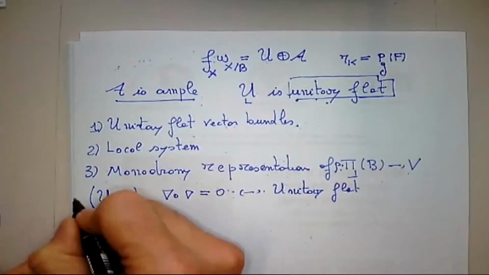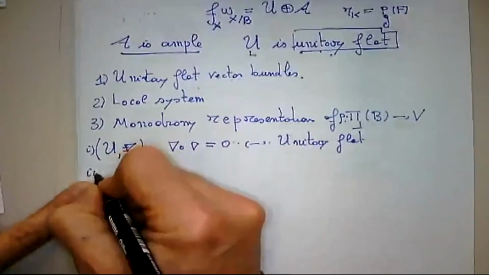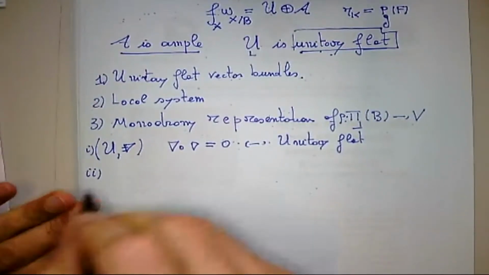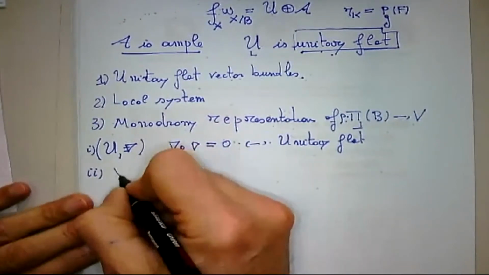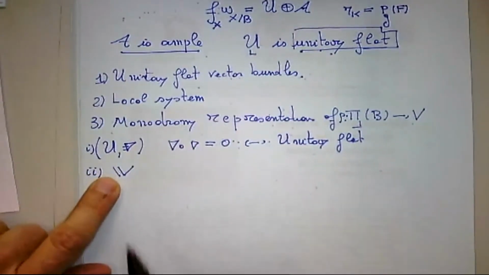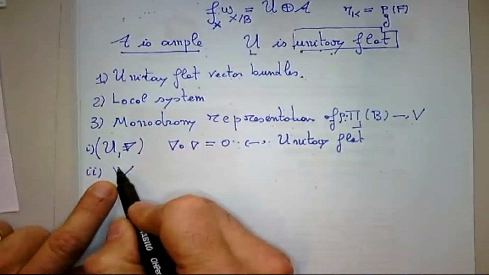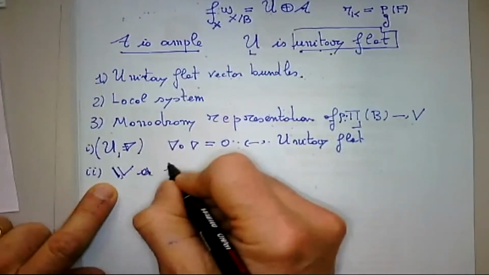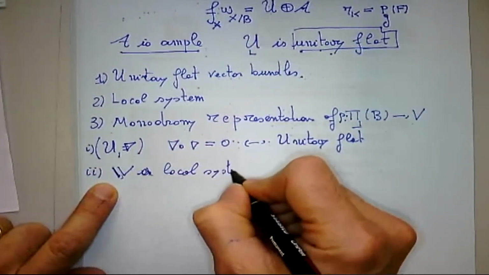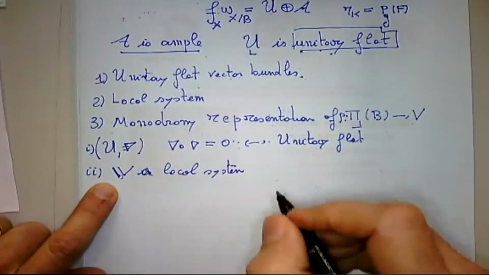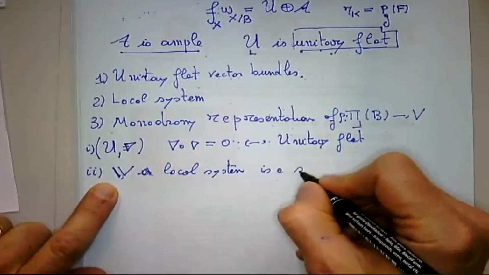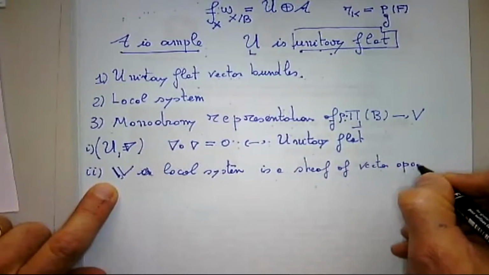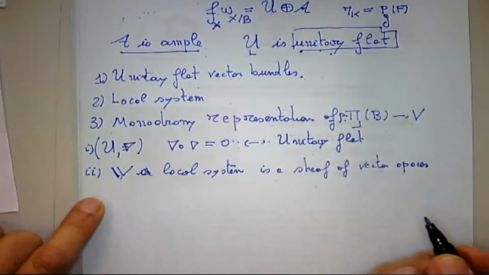Local system, so this is one. Local system means, the easiest thing you can imagine, so let me call it V. I usually double one of the lines, not like this. This is not V, it's V with this second line. V is a local system means that it is a sheaf of vector spaces that is locally constant.